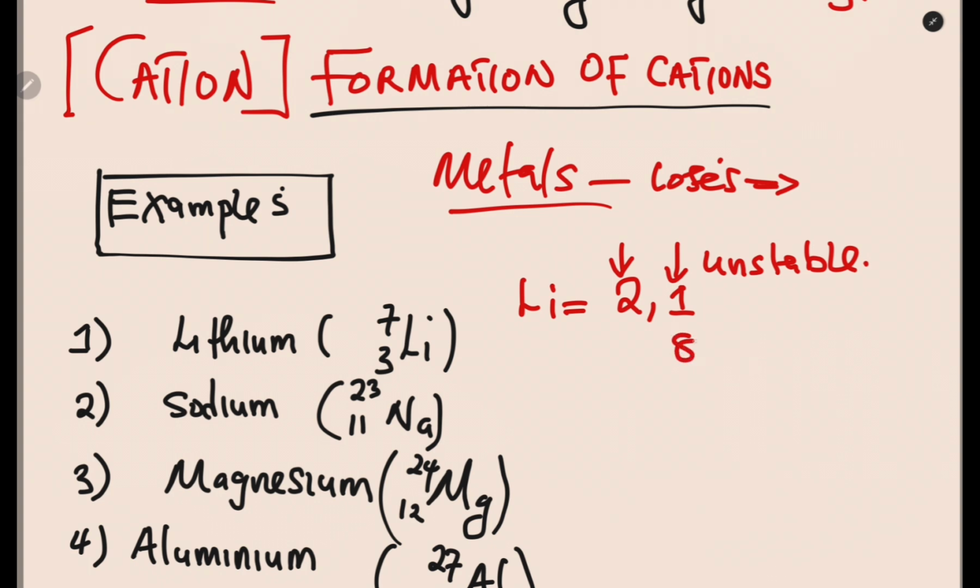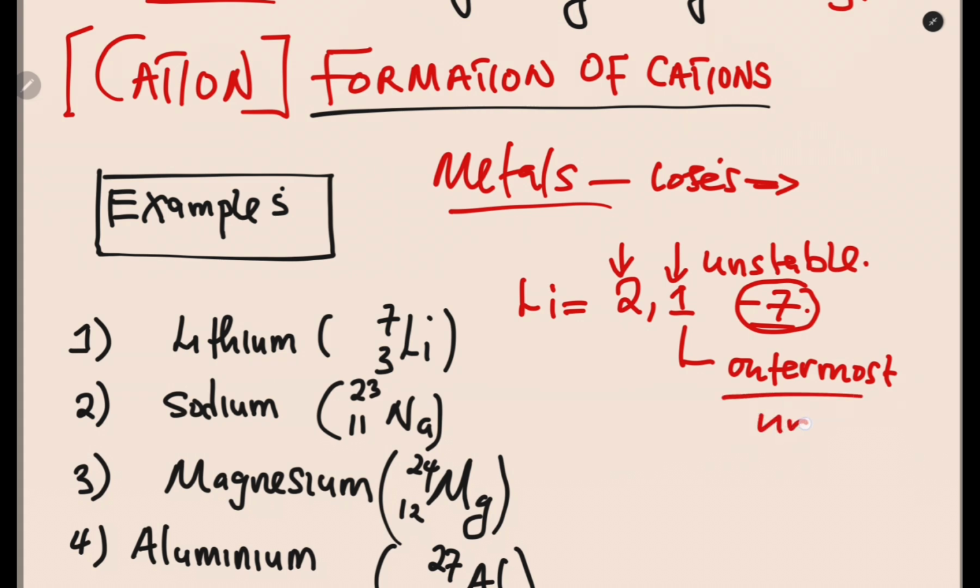The required number of electrons here is 8, but it only has 1, with a shortage of 7. So lithium atoms will act in a way to gain stability, because the outermost shell, the shell on the outside, is unstable.